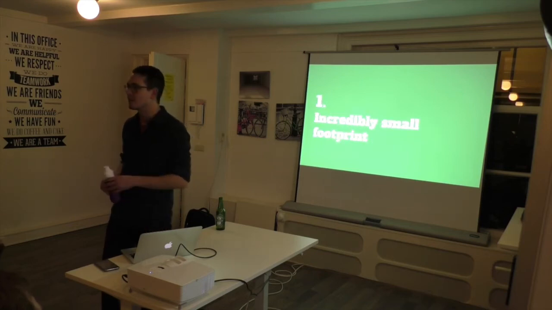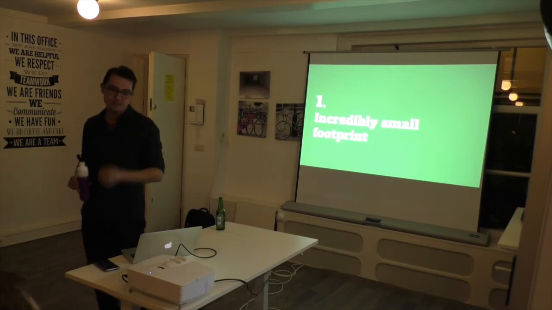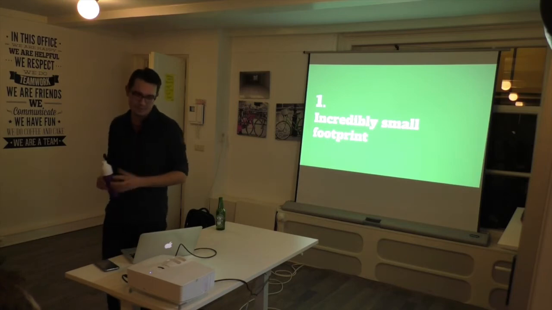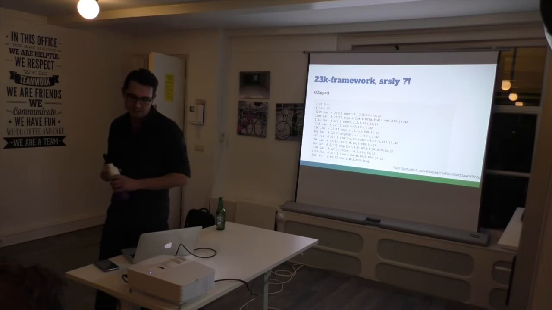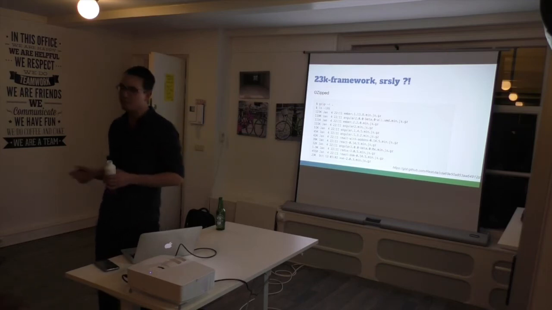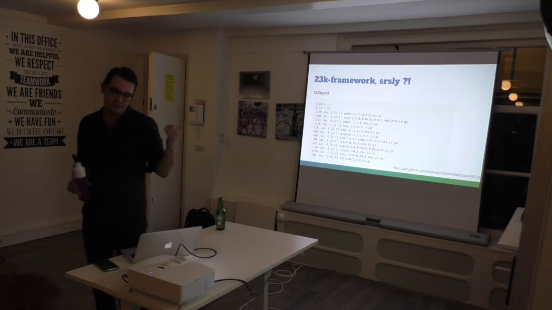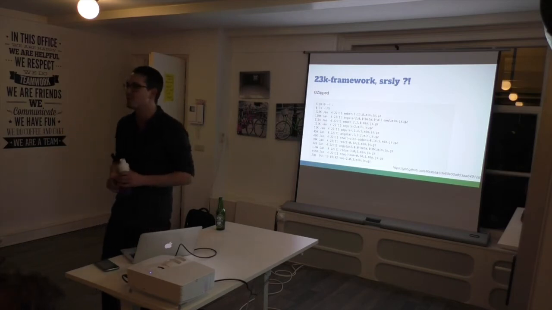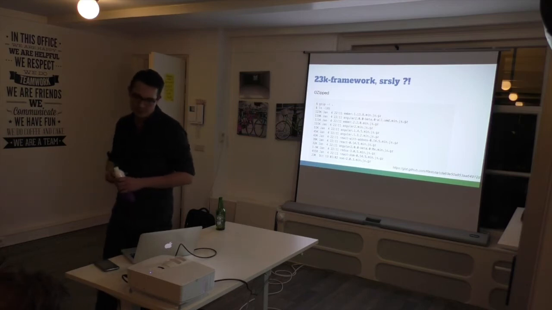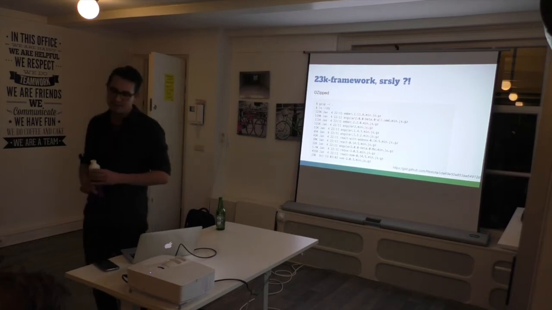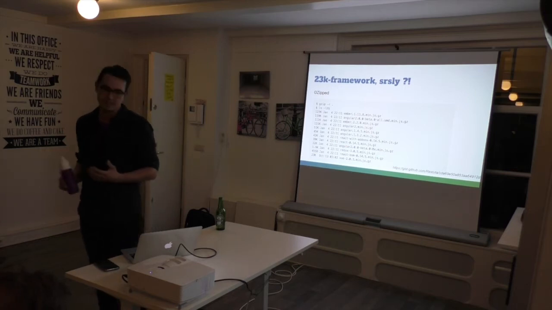So the first one is an incredibly super tiny footprint. It only weighs about 25 kilobytes. You can test it yourself, but this is a screenshot from one of those research pieces where you gzip the minified versions of the popular frameworks and see how much they cost.